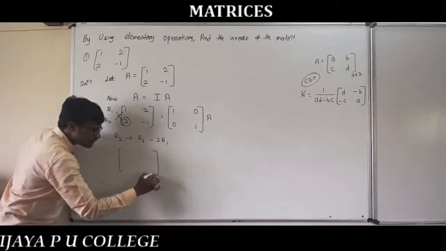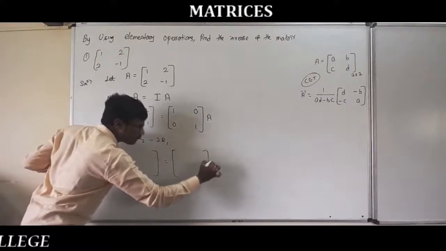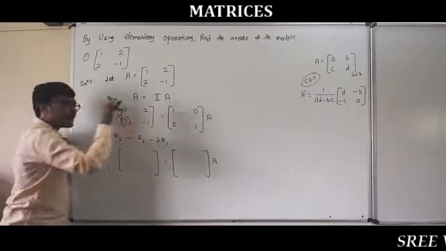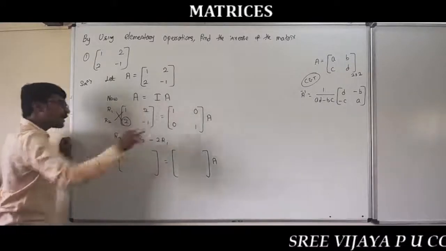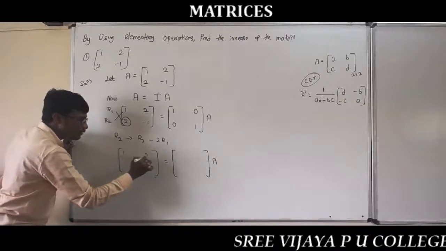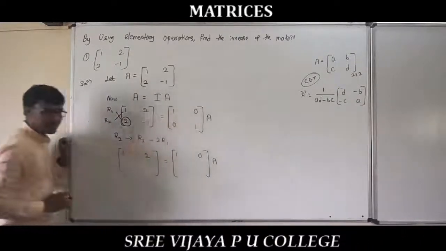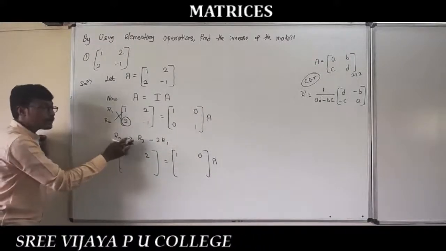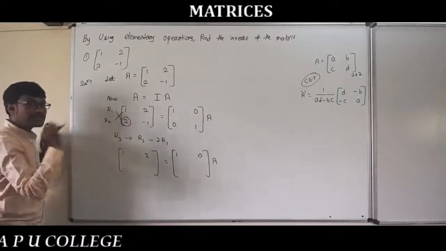Now, which row will change? The second row will change; the first row stays as it is: 1, 2 on the left and 1, 0 on the right. The second row will change according to the elementary operation R2 minus 2 times R1. So see the corresponding elements.